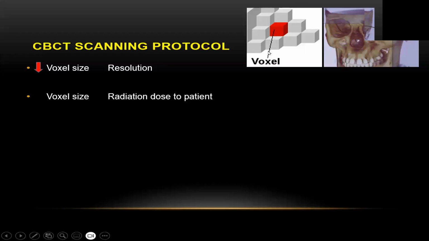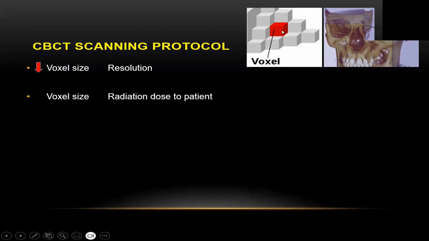So volume element, which is this little cube that we see on our screen, is the smallest building block of a CBCT image. If we try to imagine the image on the right side of your screen, to build an image like this, the software had to stack up a lot of these little cubes to create this 3D volume.